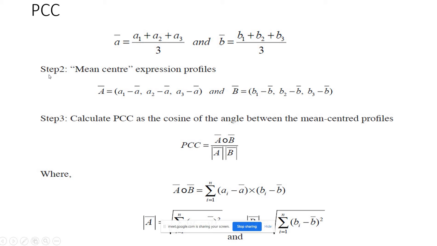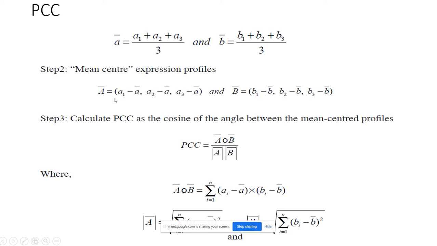Now come to step 2. From the above values we will calculate the mean centered expression profile. How are we going to calculate this? It will be denoted by capital A bar, because small a bar we have used to calculate the mean. Now we are calculating the mean centered value, so we take another symbol, capital A bar.